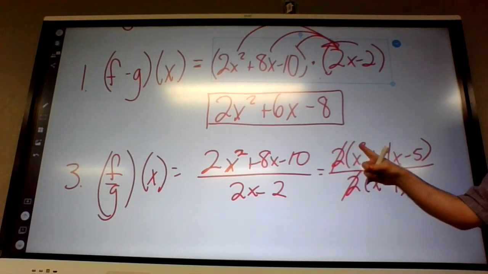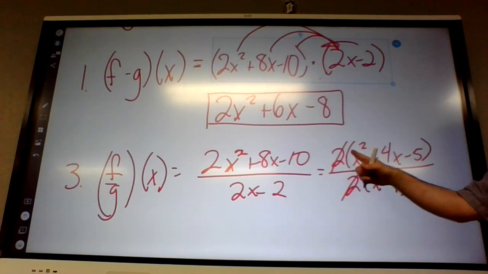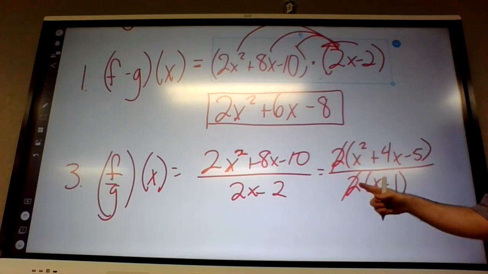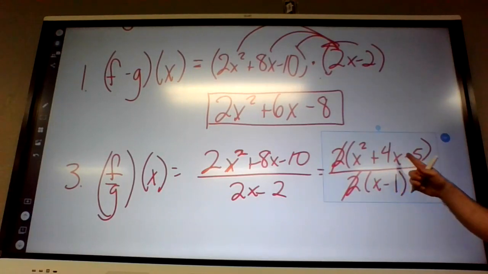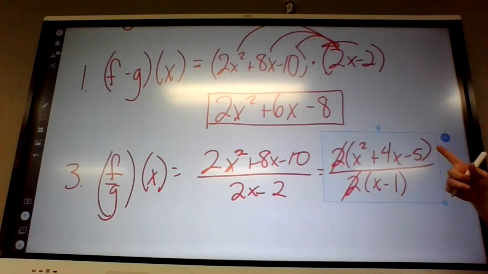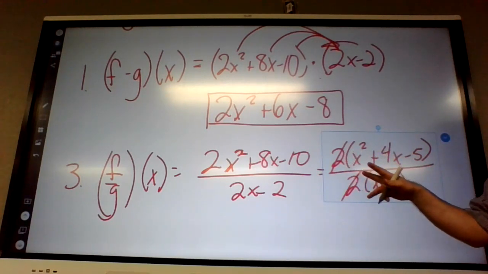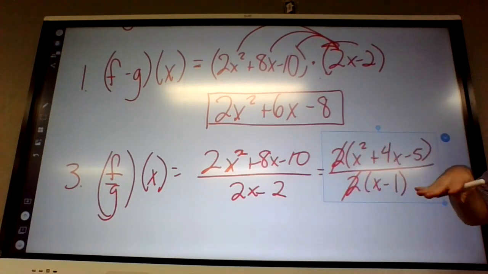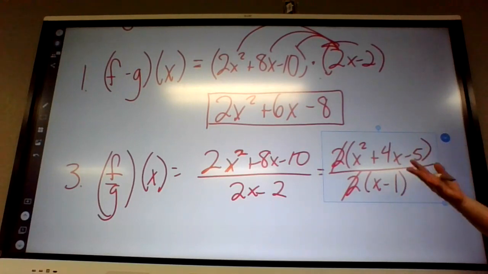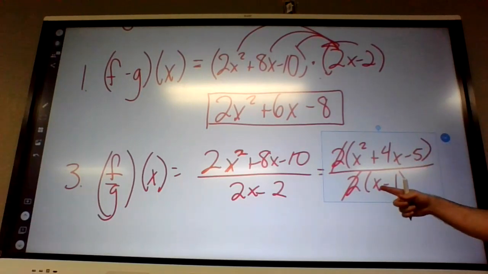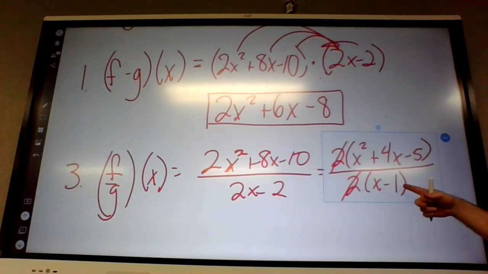Now, here's a question. This is what gets people. Why can I cancel these 2's out, but I can't cancel these x's out? It's because the 2's are multiplied values, and multiplied values and dividing cancels out. But x is not multiplied, it's subtracted with the 1.